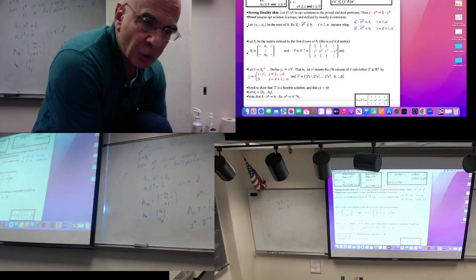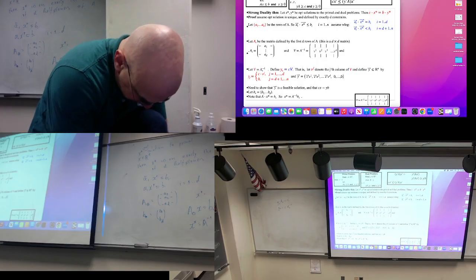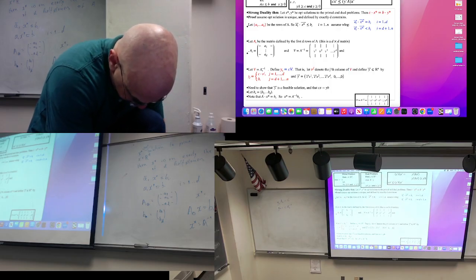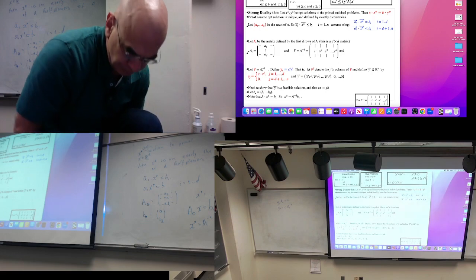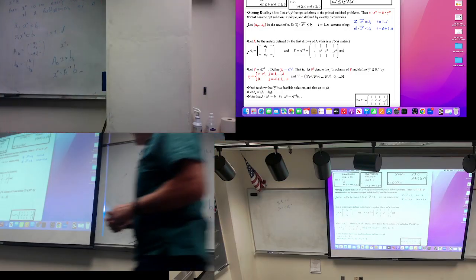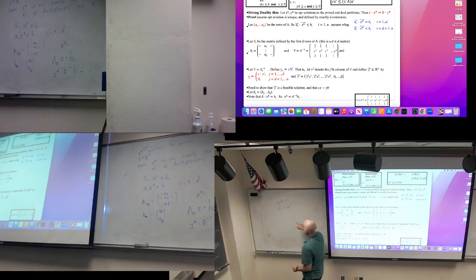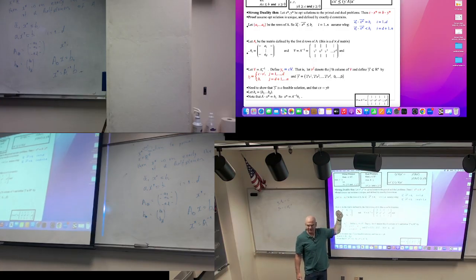Now I'm missing some components from Y. Y is a long vector, but Y has one value for every half plane in A, not in A bullet.